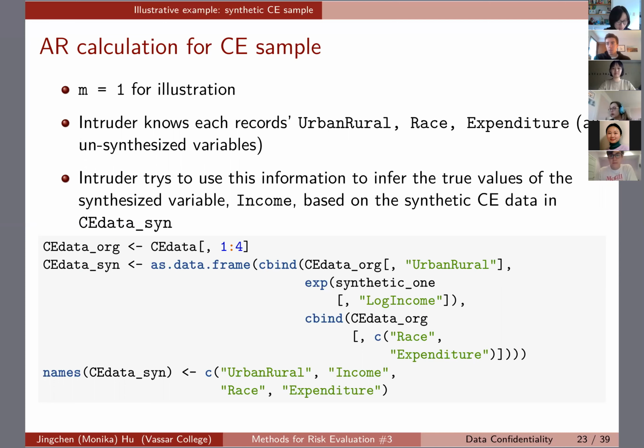So we start with these 2 data sets. Between the 2 data sets, out of the 4 columns, 3 of them are the same because they never changed. We didn't synthesize those. Only the second column, income, is synthesized. So that will be the only difference between the 2 data sets.